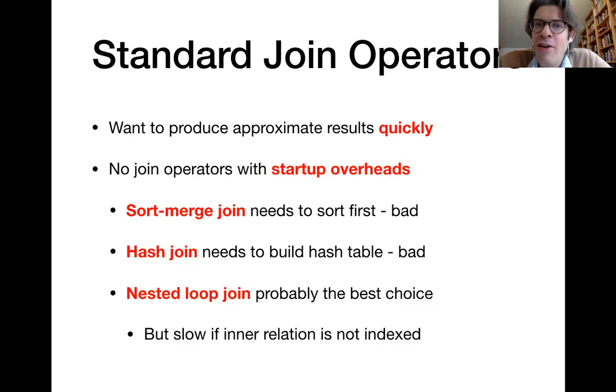So if there is some kind of correlation, where the aggregation column value depends mostly on the value in the outer join relation, in that case, it would take a long time until you get a representative result, because you always take specific tuples from the outer relation and you join them with all tuples from the inner relation. That is a great point. That is exactly one of the reasons why people have proposed specialized join algorithms for this specific scenario.